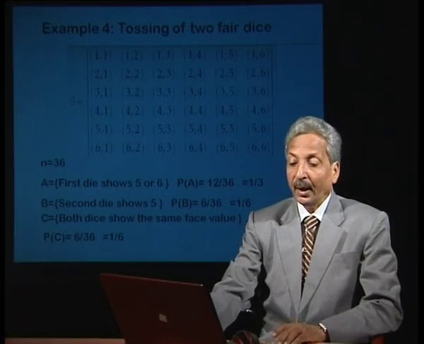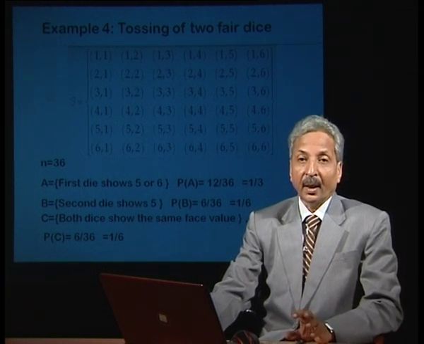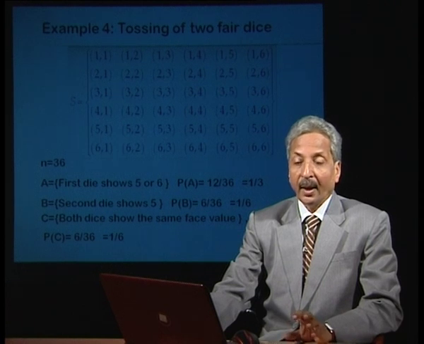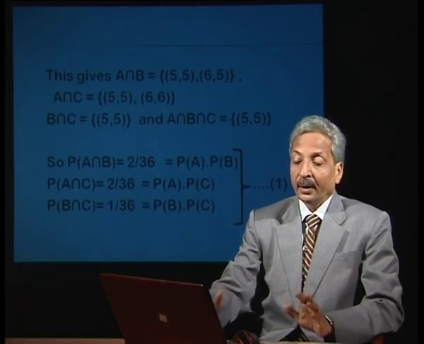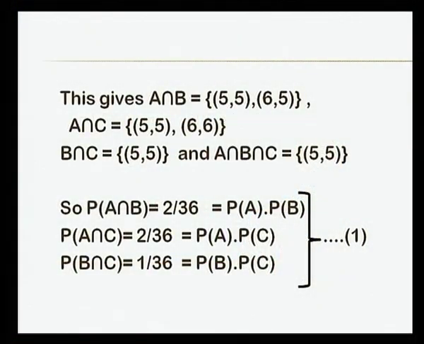Now, if we take the intersections of A and B, A and C, and B and C, then A intersection B gives me the elements 5 5 and 6 5, and A intersection C gives 5 5 and 6 6, and B intersection C will contain only the elementary event 5 5.